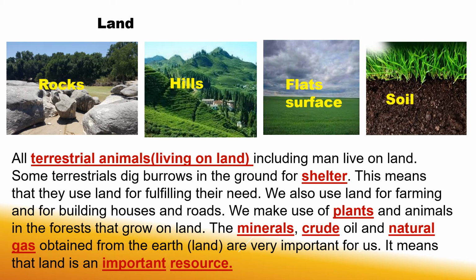We also use land for farming and for building houses and roads. We make use of plants and animals in the forest that grow on land. Children, why do we make use of plants and animals? Have you thought? Yes, we use the vegetables, we use the meat, we use them for various purposes.